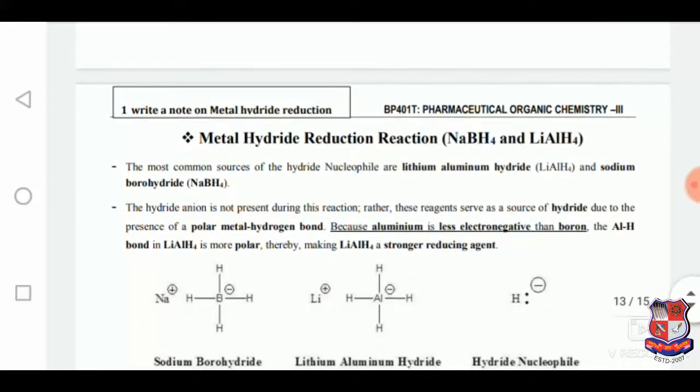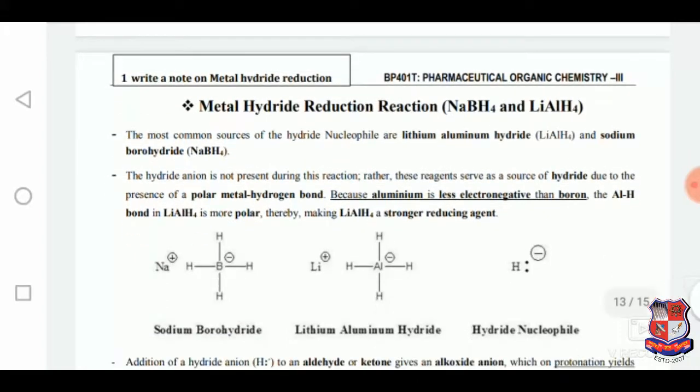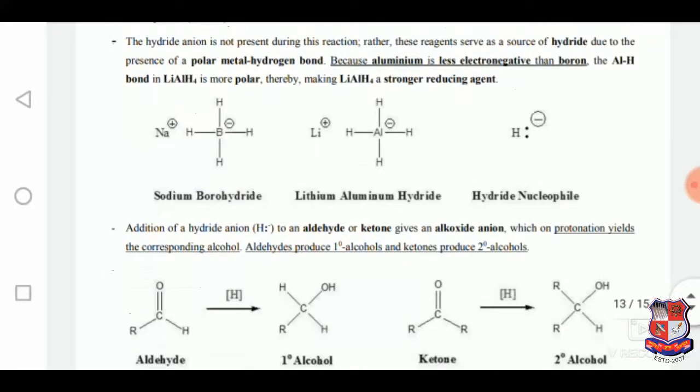Question number 1. Write a note on metal hydride reduction. Lithium aluminum hydride and sodium borohydride are widely employed for the formation of various compounds. These are the structures of the various reagents.